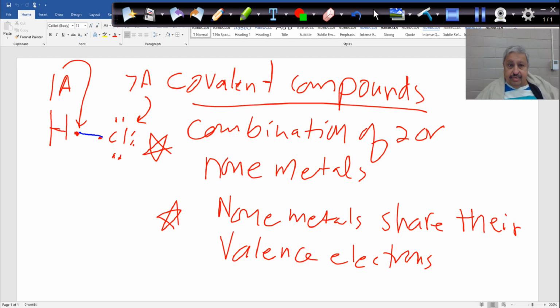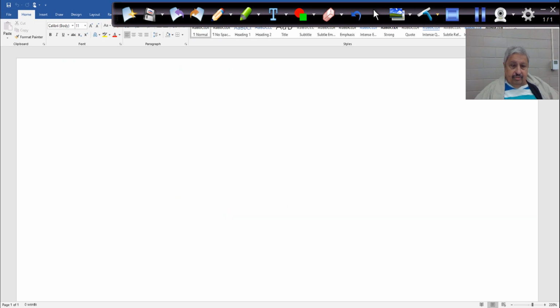Now, how do we name this covalent compound? Can I take this one out? Everybody has it? Okay. Before that, like the Roman numerals with metals with multiple charges, we have here the Latin or Greek numbers.